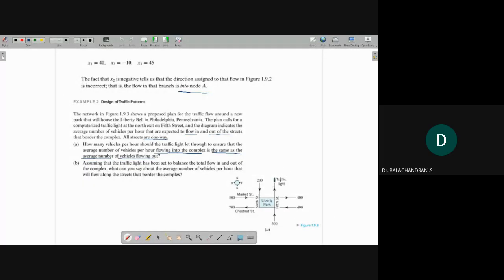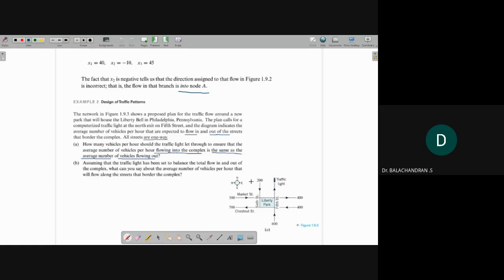I'll take this as X. So let X denote the number of vehicles per hour that the traffic light must let through. Then the total number of vehicles per hour that flow in and flow out of the complex. What is flow in?